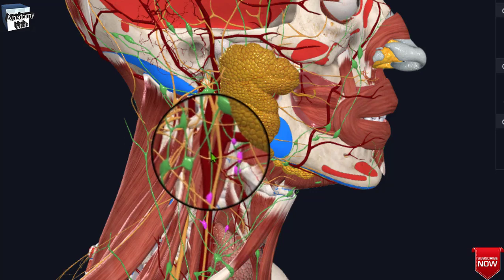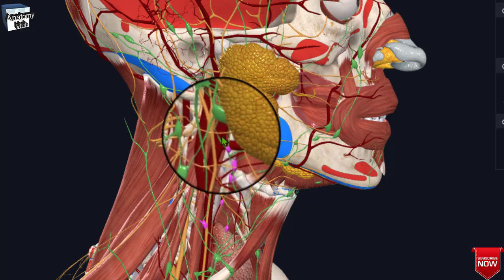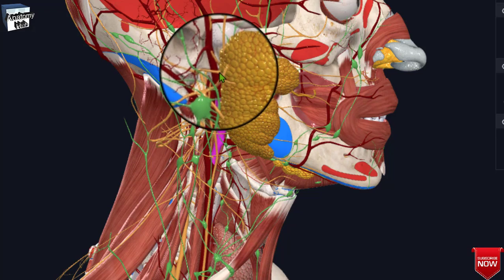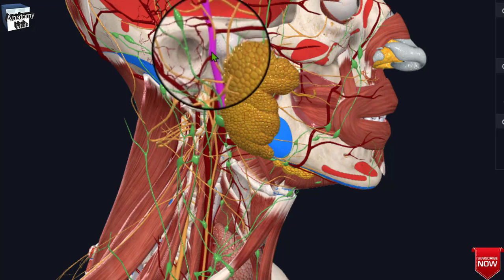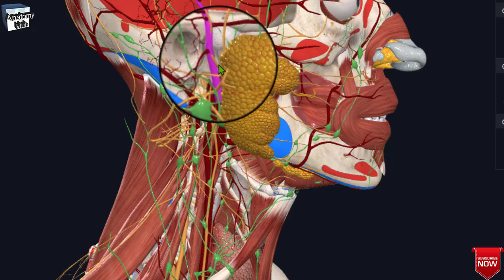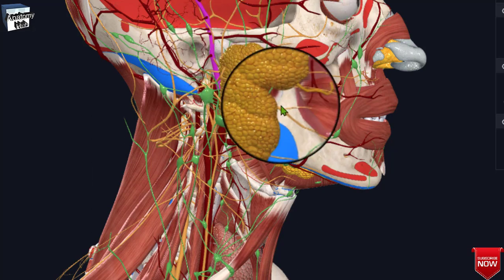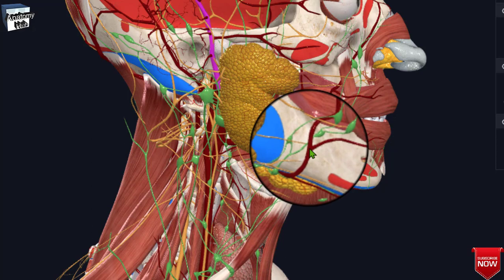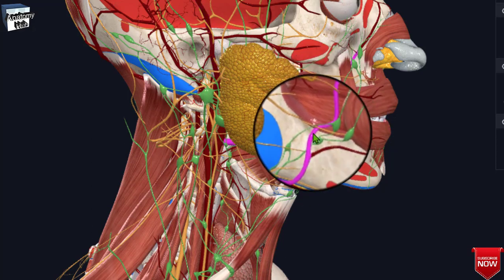The branches of the external carotid artery that supply the parotid gland are the superficial temporal artery that you can observe over here, the maxillary artery, and indirectly it also takes blood from the facial arteries.